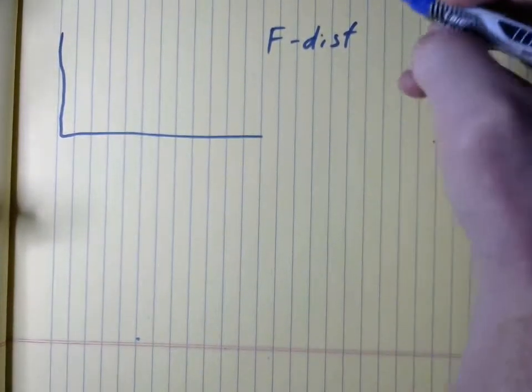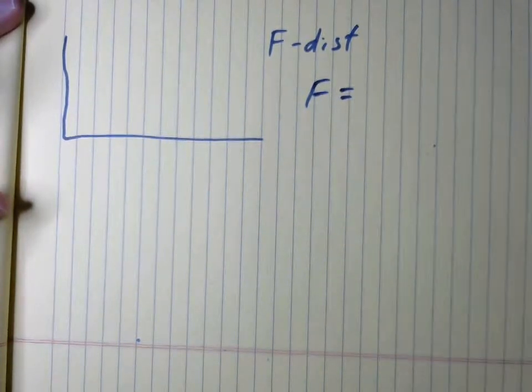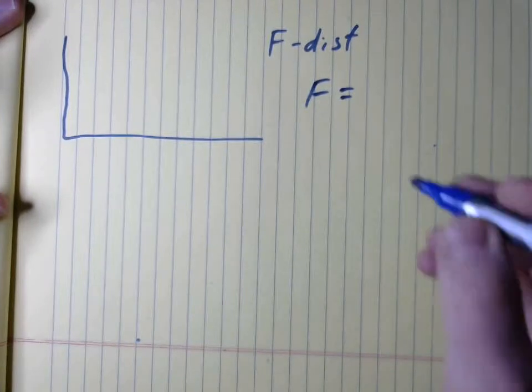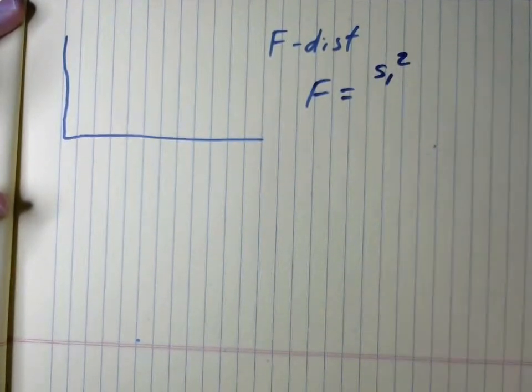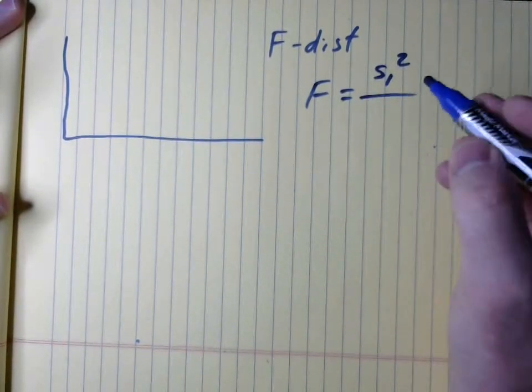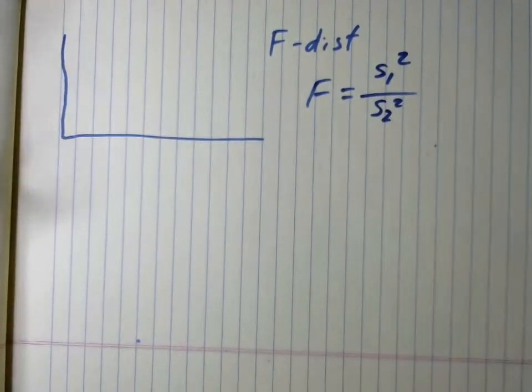The F statistic we'll be using in this section is defined as the sample standard deviation squared of one variable over the sample standard deviation squared of the other variable.